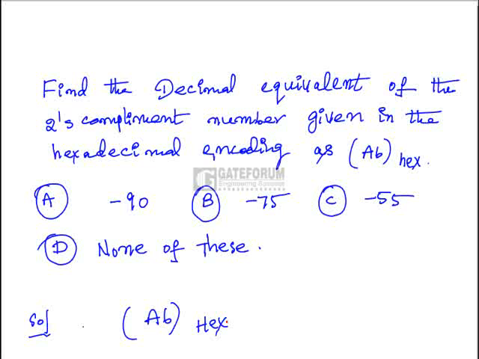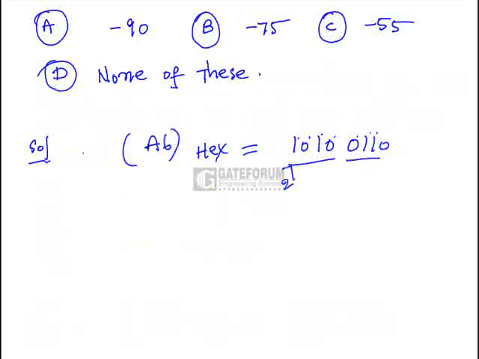So A6 can be written as A is 1010, 6 is 0110, the binary coded hexa. Positions are 0 to 7. It is 2 power 7, 2 power 5, 2 power 2, and 2 power 1. So these values we need to find out. But the leftmost bit is for the sign. So 1 means it's a negative sign.